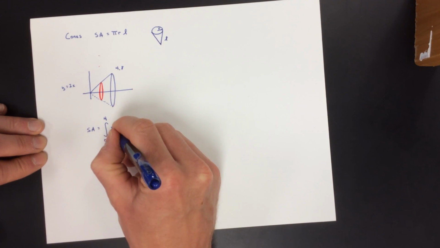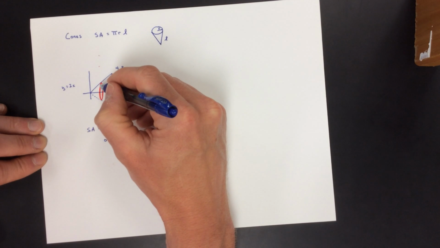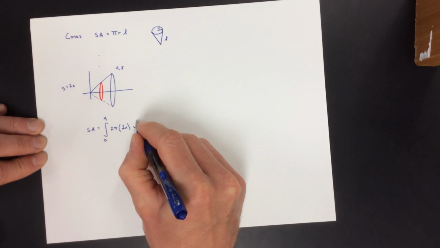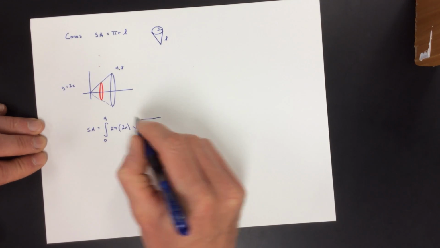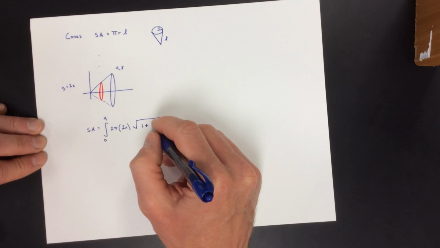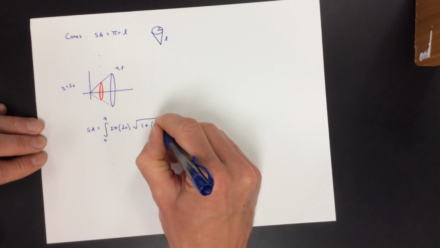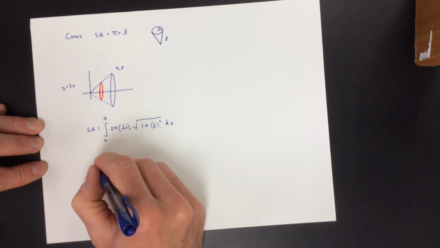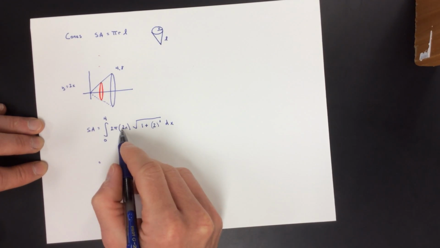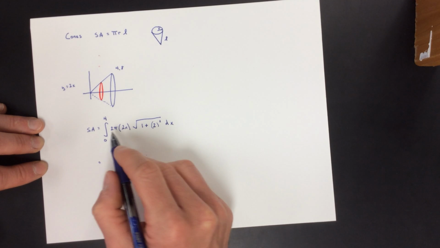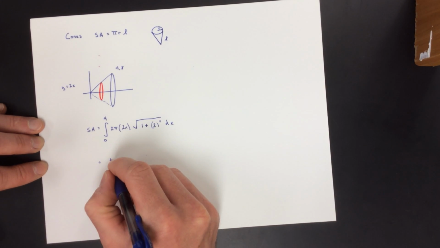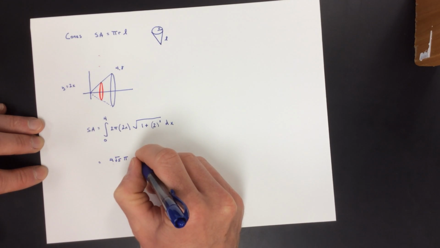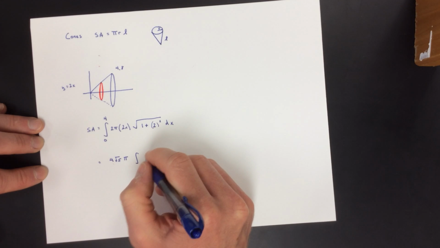We're going to go 2 pi r. r is this distance, which is 2x in this particular case, times the square root of 1 plus the derivative squared, which is just 2 squared, dx. Well, all of this actually simplifies pretty easily. This is a 2 and a 2, and this is just the square root of 5. So this is 4 square root of 5 pi, and the only thing left in the integral is x.